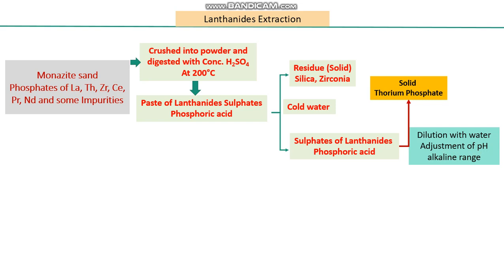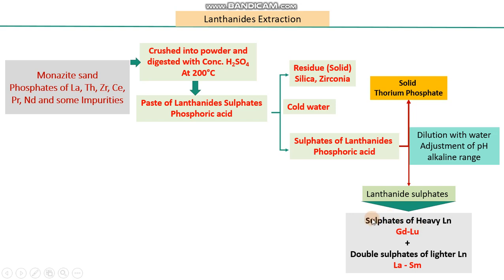Now, with the dilution with water and adjustment of pH to the alkaline range, thorium can be obtained as its respective phosphate, and since this is insoluble in the alkaline solution of lanthanides, it can be separated, and in solution we get lanthanide sulfates.